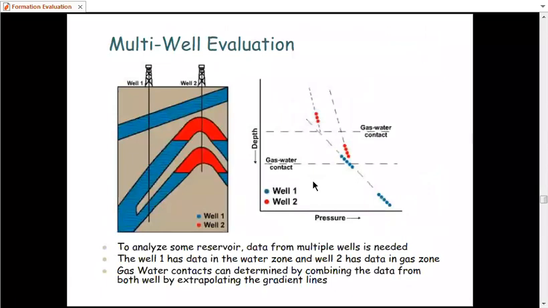And sometimes the MDT or the formation tester is utilized to evaluate multiple wells, as sometimes you have to analyze reservoir data for a constant reservoir, but with multiple wells.